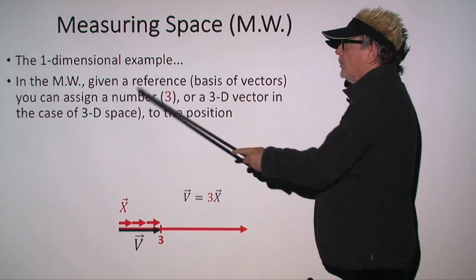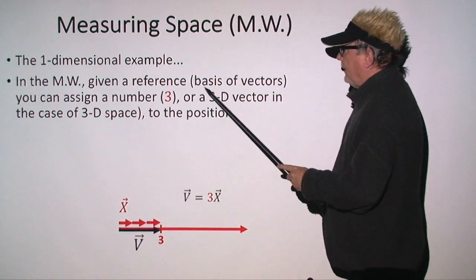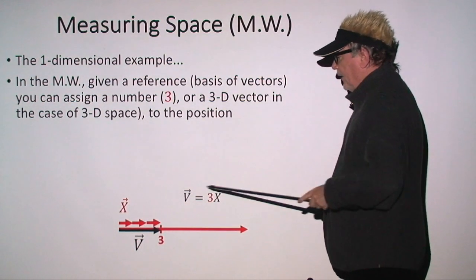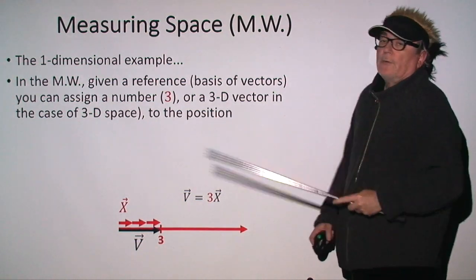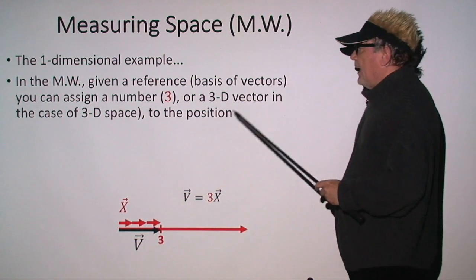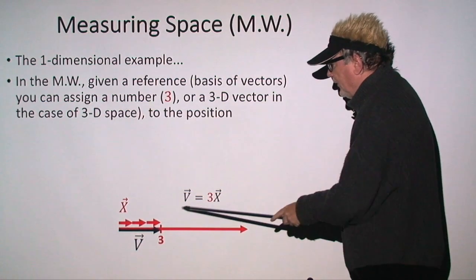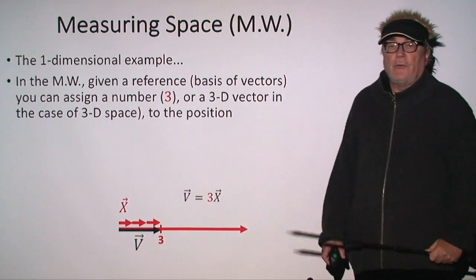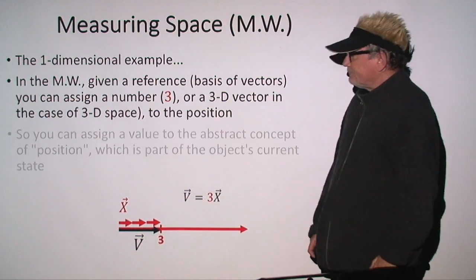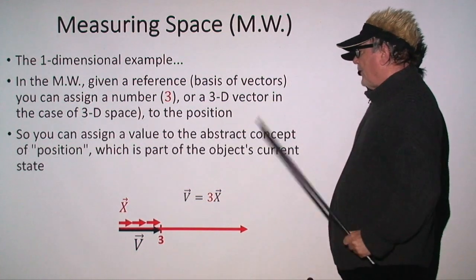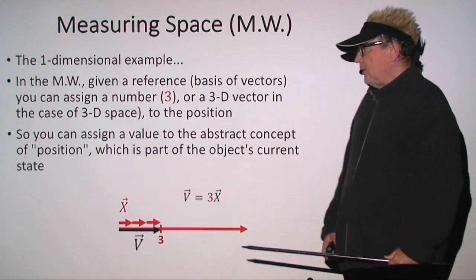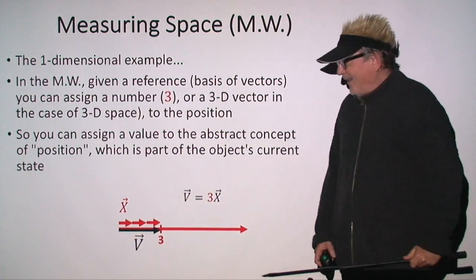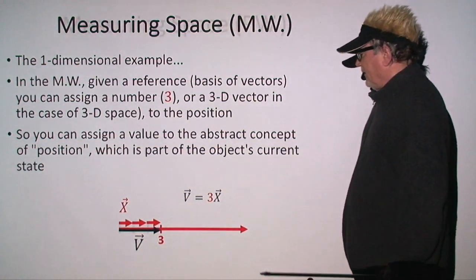Now, in the mathematical world, what that means is, given the reference, the basis of vectors, here 1 vector x, we can assign a number, in this case 3, or a 3D vector if it's 3 dimensions. And we can assign this number to the position, okay? So we can say that this position here is position number 3. Good. So you can assign a value to the abstract concept of position, which is part of the object's current state, as we've seen before. Okay? Pretty easy. Piece of cake.